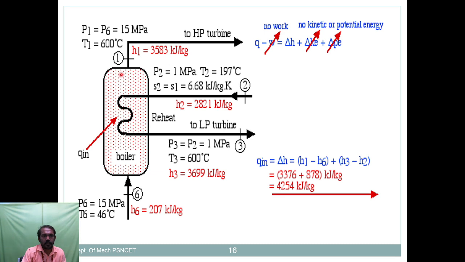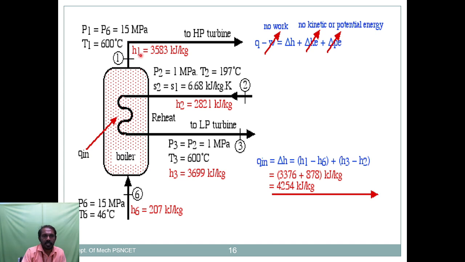So here the temperature is 600 degrees Celsius, but the inlet temperature is 46 degrees Celsius, so temperature increases. Then pressure is 50 megapascal, so there is no effect of pressure. Pressure is constant.